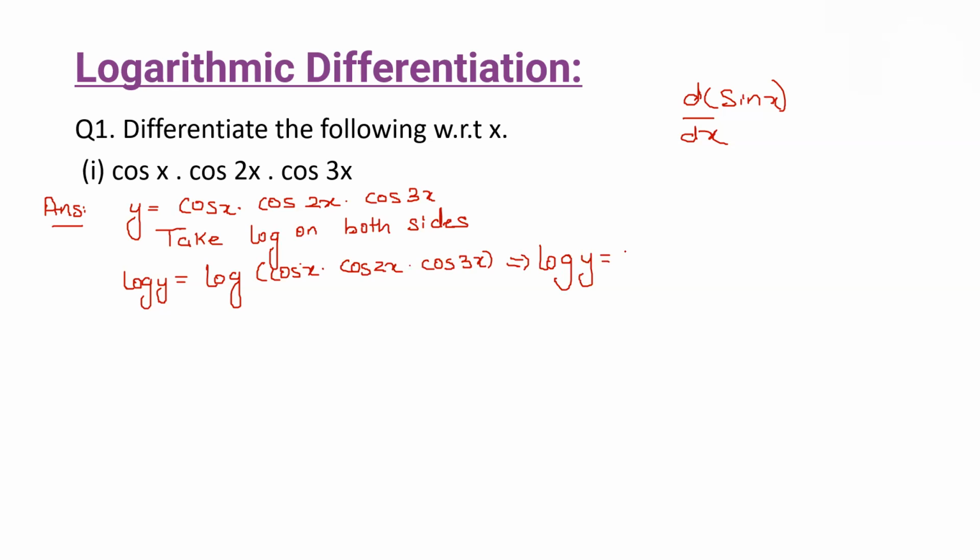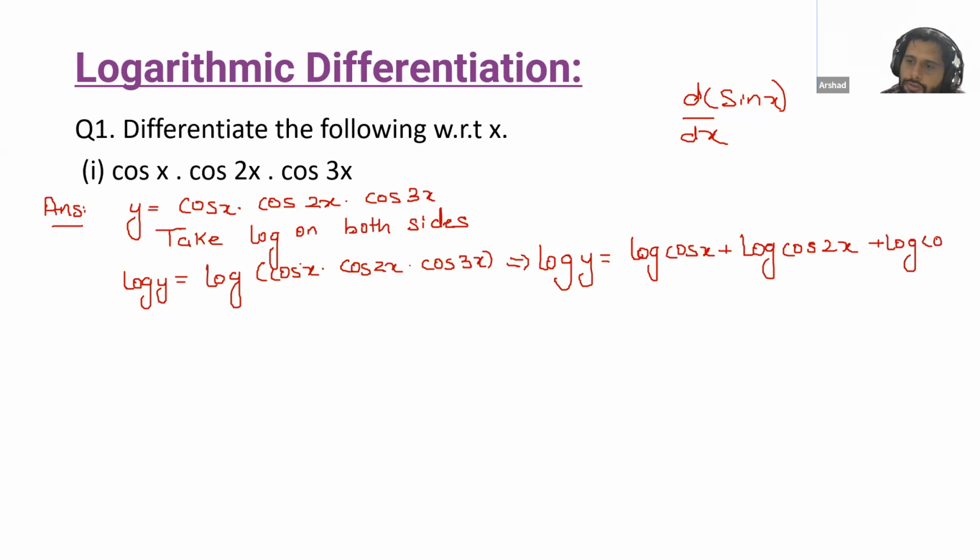No, why 1 by? We are not differentiating right now. We are just applying the property of log. Log cos x plus log cos 2x plus log cos 3x. Very, very good. Now we will differentiate it. Just see, you have 3 terms in multiplication, but if you use the property of log, all these will get added.